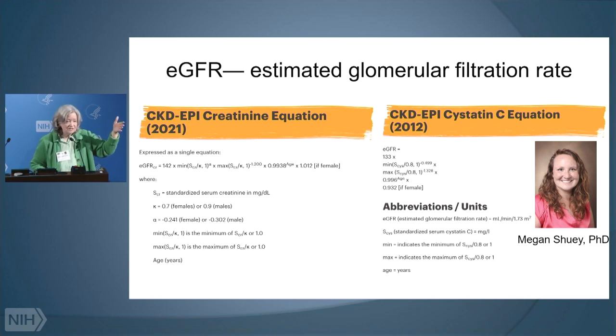The heritability of cystatin C has been estimated in the range of 70 to 80%. And a huge proportion of that heritability is attributable to the structural locus for cystatin C genes on chromosome 20, where there's a huge effect of eQTLs.